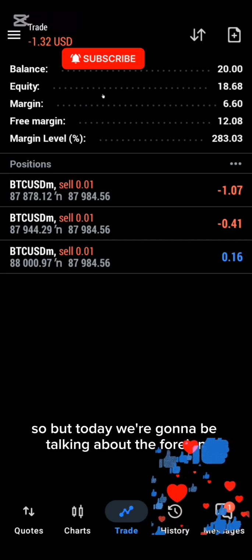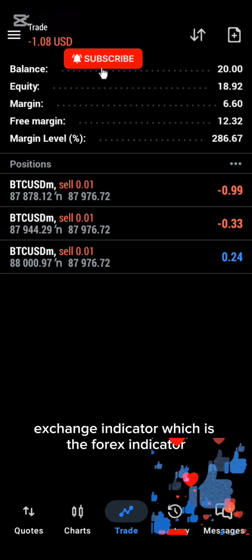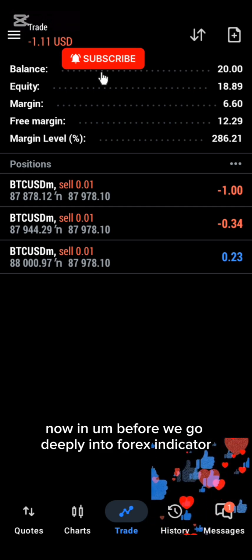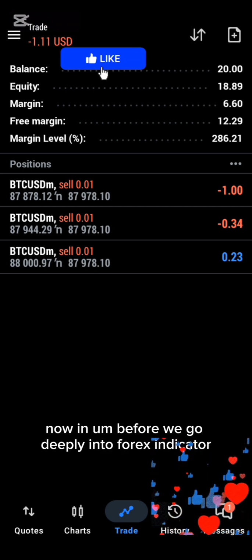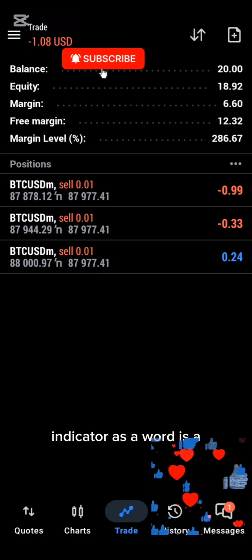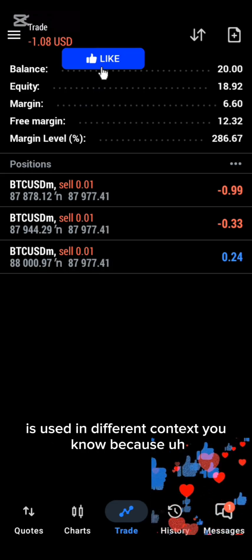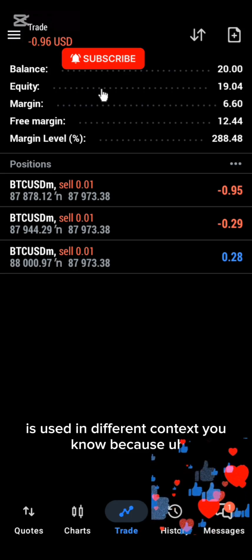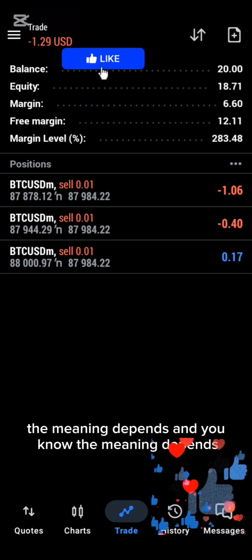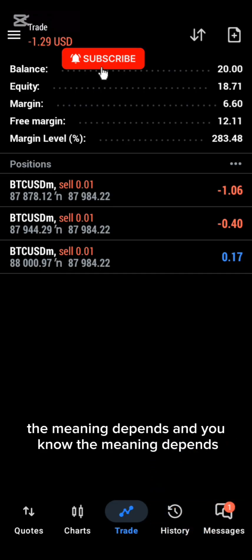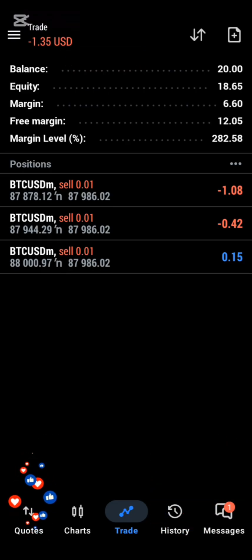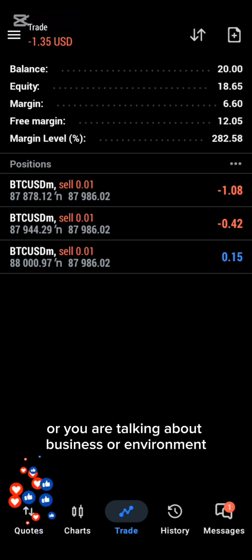But today we're going to be talking about the foreign exchange indicator, which is the forex indicator. Before we go deeply into it, the word indicator is used in many different ways. The meaning depends on whether you are talking about science, business or environment.